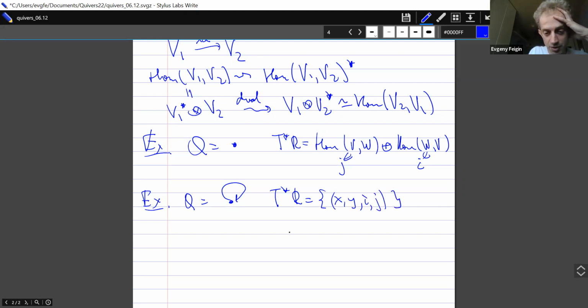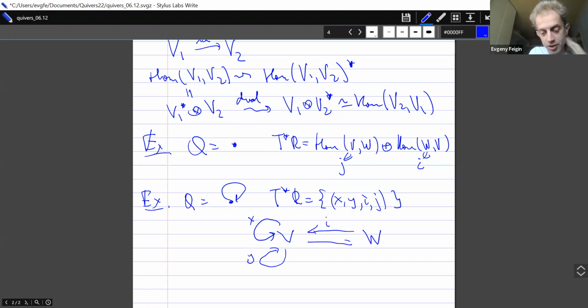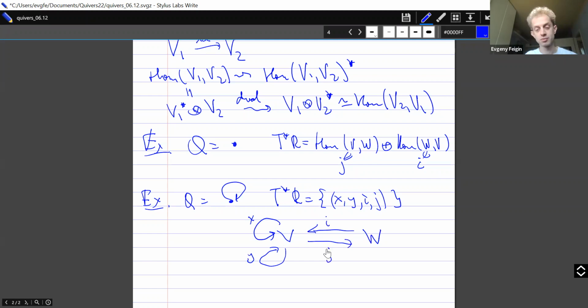We have a space V, and we have a space W. Here we have the map X. And since we have only one space, the map Y is also acting from V to V. And now there are two maps between V and W. There is a map i from W to V, and there is a map j in the opposite direction.